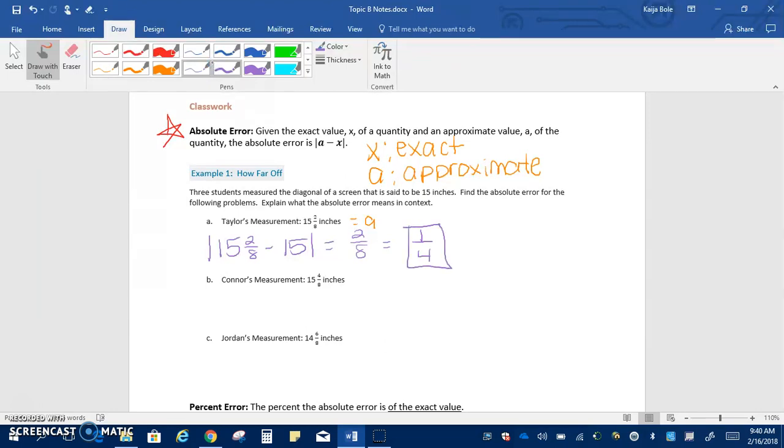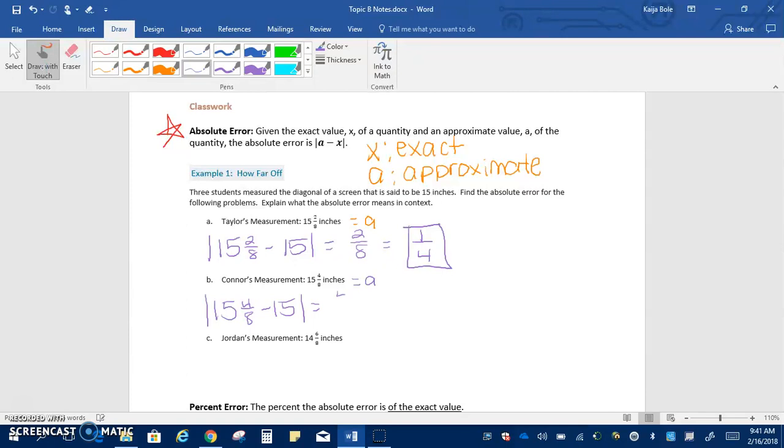B is Connor's measurement, which was 15 and 4/8, which is our A. Our 15 and 4/8 minus 15.